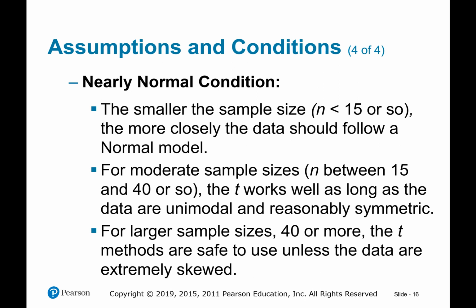Again, look at the data distribution there, if it's unimodal, it's reasonably symmetric. Once we go beyond 40, T methods are terrific unless it's extremely skewed. So less than 15, we should maybe consider going back and using the normal. Between 15 and 40, you're fine. If the sample size is bigger than 50, we are golden.